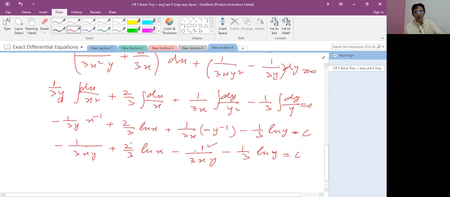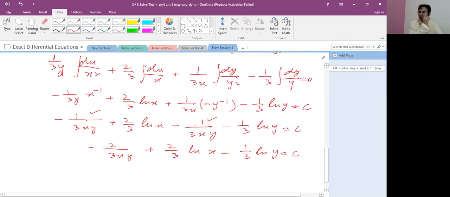If we see here, both terms are added. So 2 upon minus 3xy plus 2 upon 3 ln x minus 1 upon 3 ln y equals to c.